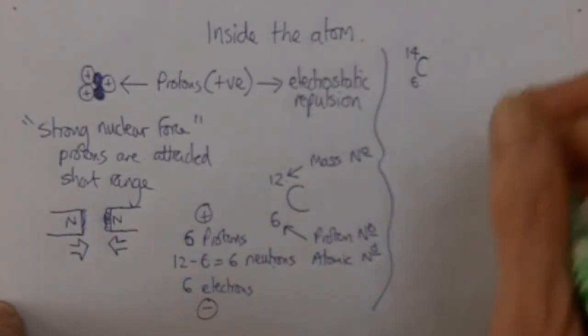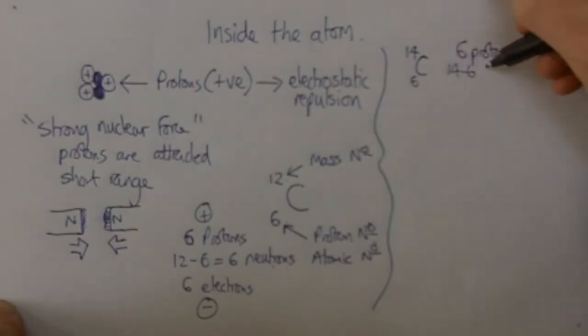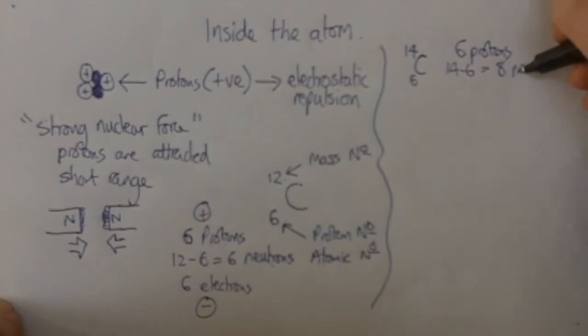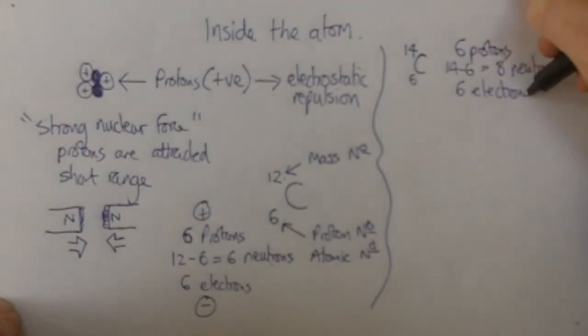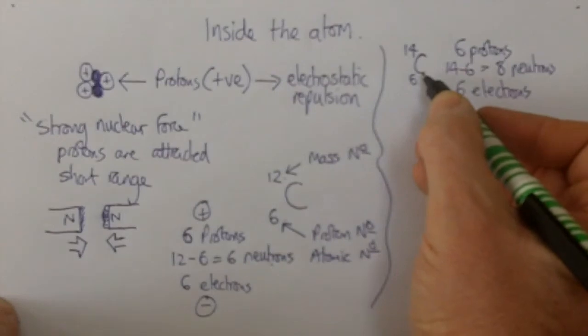So if we just do a quick check, that means there's going to be 6 protons, 14 minus 6 equals 8 neutrons, and again there'll be 6 electrons because electrons always match protons. So this is a different version of carbon.